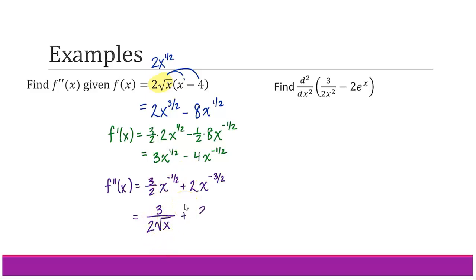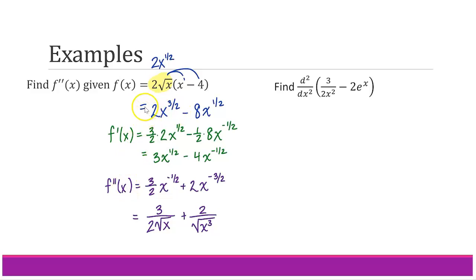And then plus 2 over the square root of x cubed. So bringing x to the 3/2 to the bottom, but then turning the 3 over 2 exponent into the square root of x cubed. So these are equivalent versions, just one is a little bit more simplified of a second derivative. So just some things to be cautious of, right?